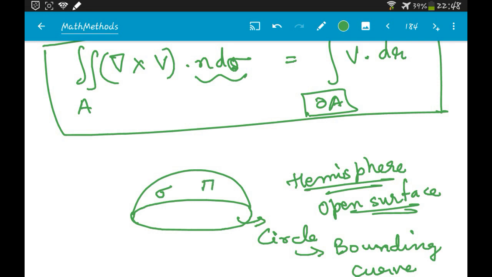If you look at any small patch of area d sigma, then the normal from this patch, dot product with the curl of the vector field, is going to give you this area integral. This is your n d sigma. Alright. So let's do a few problems. I think then you will follow it better.